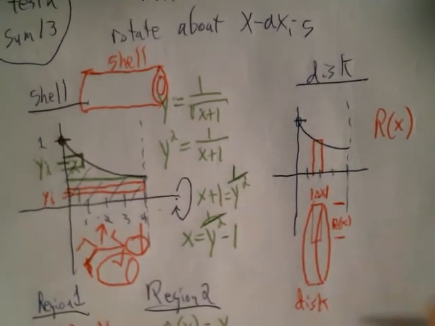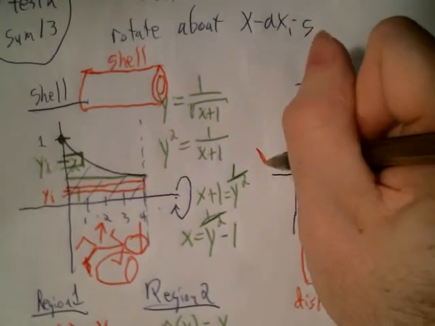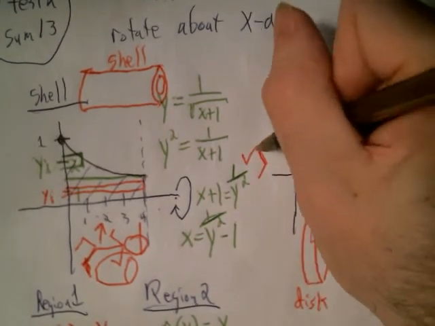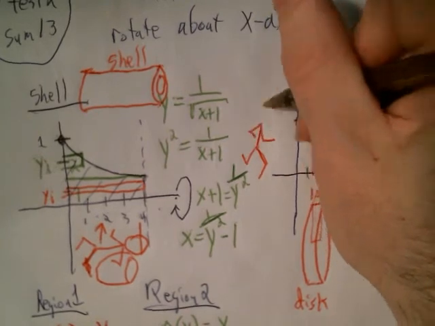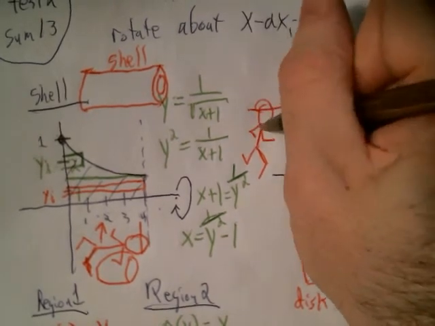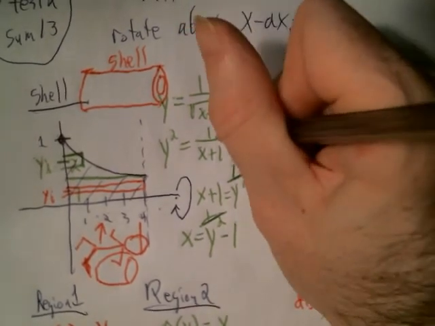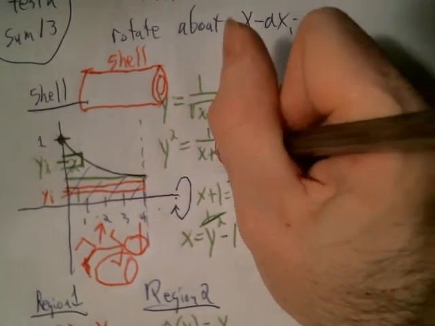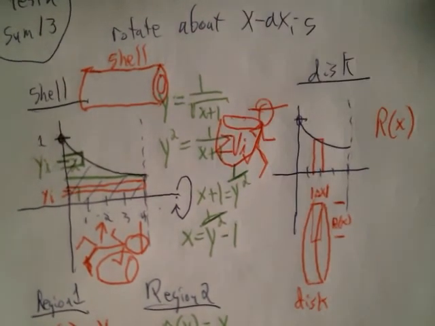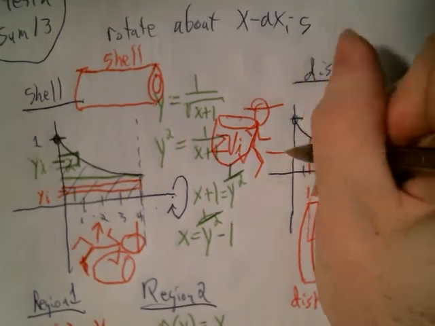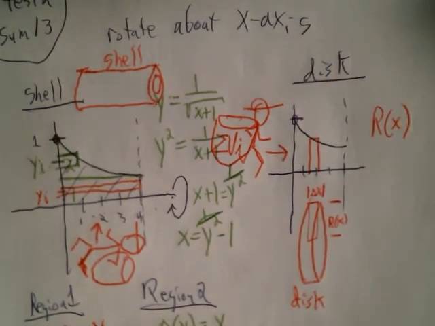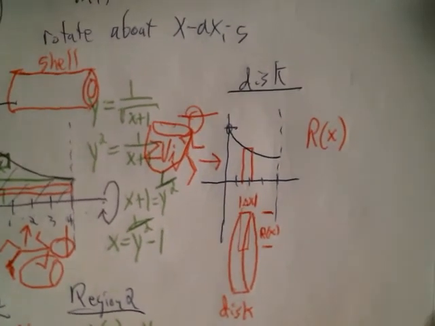Okay. And the running man for the disk is opposite to what it would be for the shell. So this guy's going in this direction and stealing up his volumes. Okay, so anyways, the formula for the radius here is a lot easier, right?